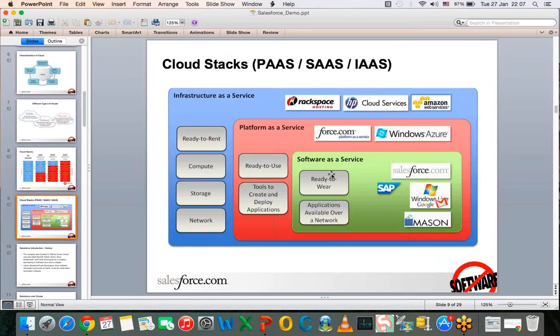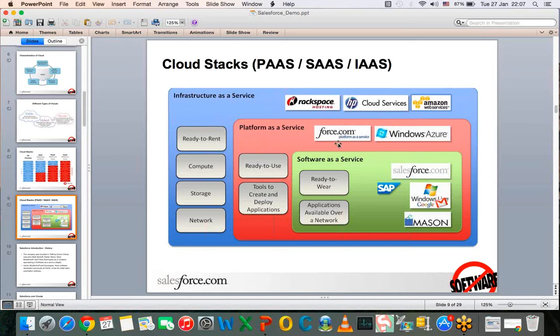And these are brief examples of which things fall under which part. When it comes to infrastructure, we have different vendors like Rackspace, HP Cloud Services, and Amazon Web Services. Similarly, for platform as a service, that is PaaS, we have force.com and Windows Azure.